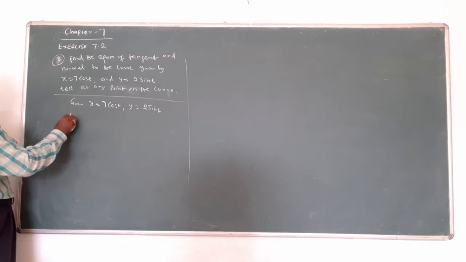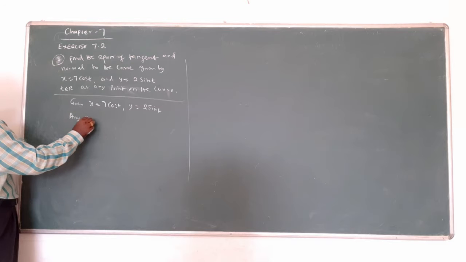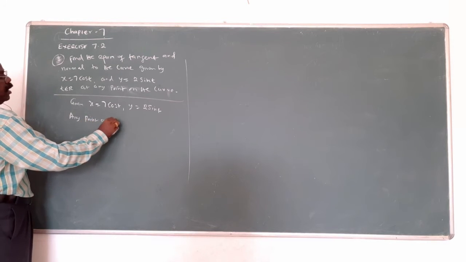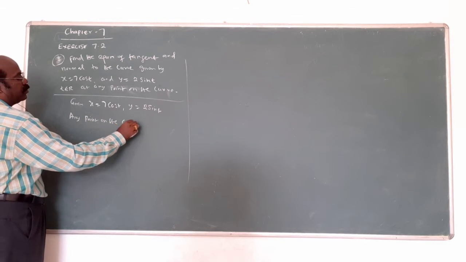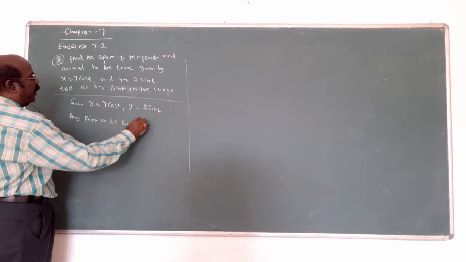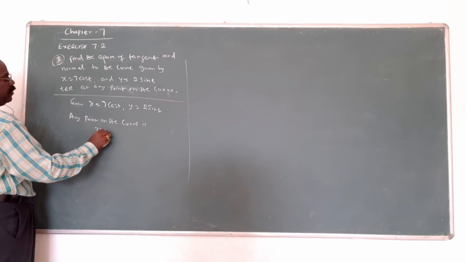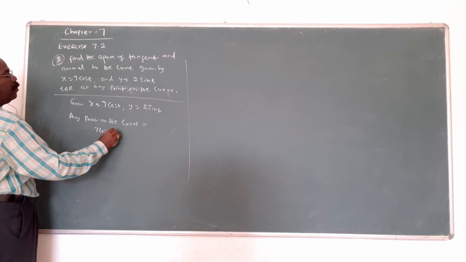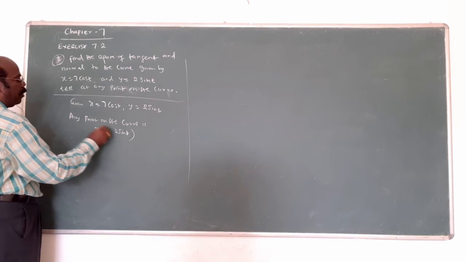Therefore, x and y are given. Therefore, any point on the curve is (7 cos t, 2 sin t). This is the point.